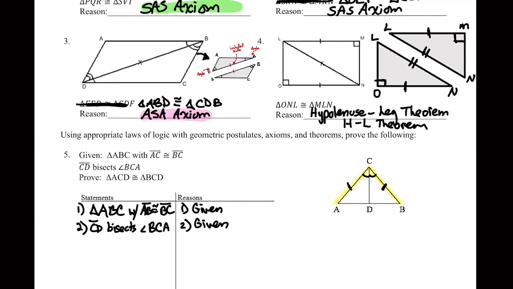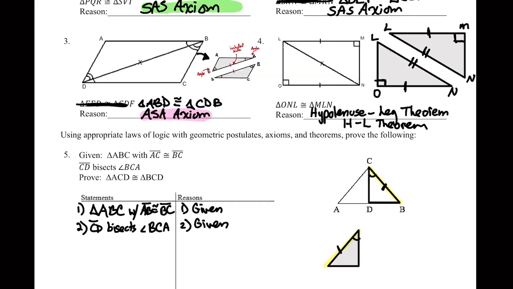But if I'm going to prove that these two triangles are congruent, just looking at what we have here, I've got a triangle here. I'm going to pull that out. And I have another triangle here.